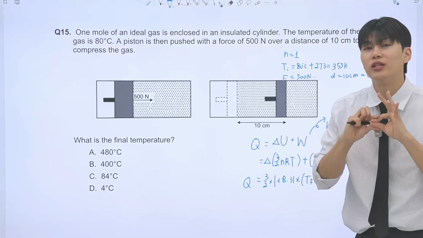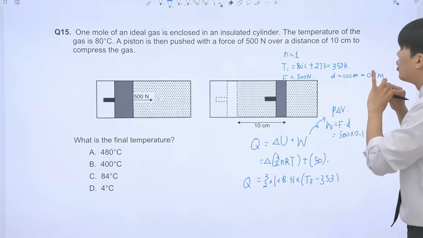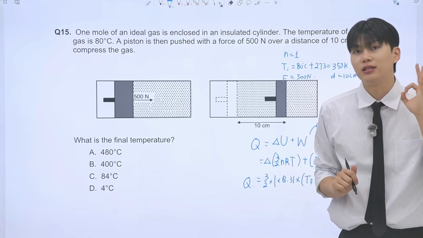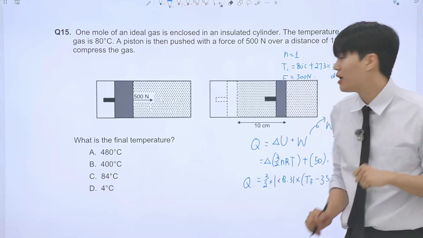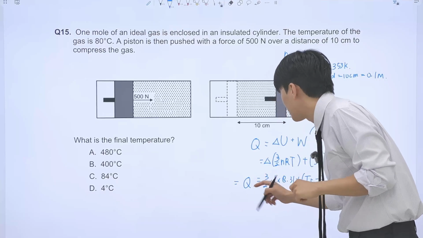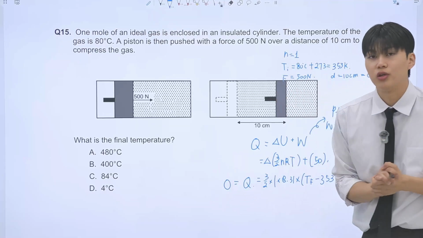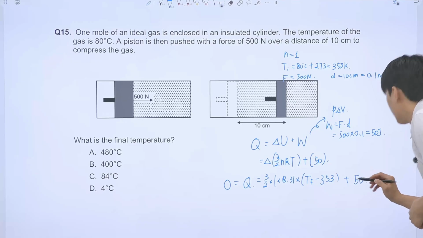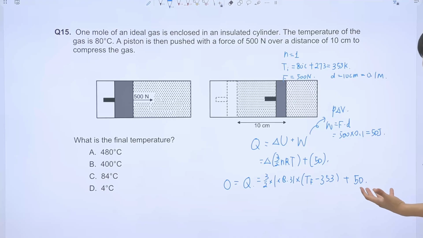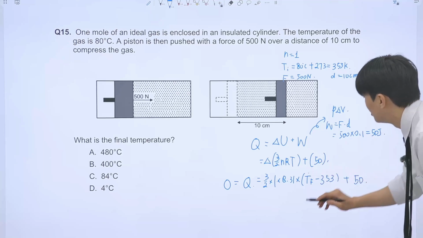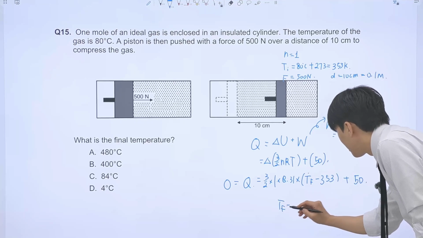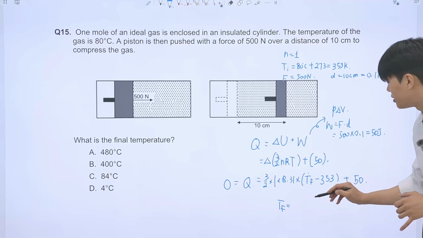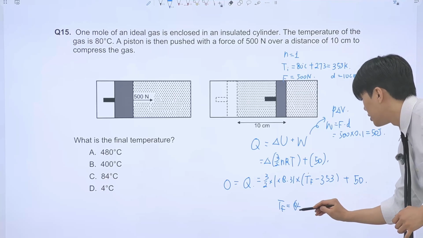They don't really say that, but we can only solve it when we assume that this is an adiabatic process, because only in an adiabatic process does Q equal 0. Then we can calculate all the numbers. In that case, if you calculate in the calculator, the final temperature is about 48 degrees Celsius.